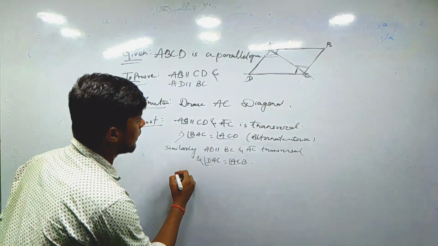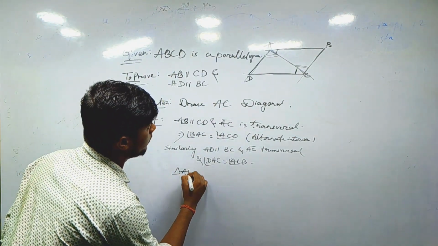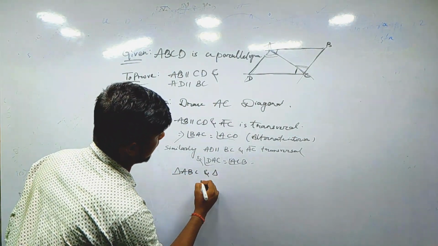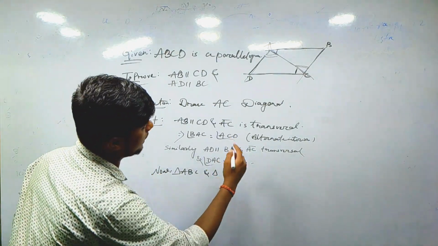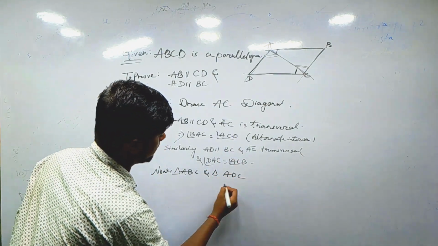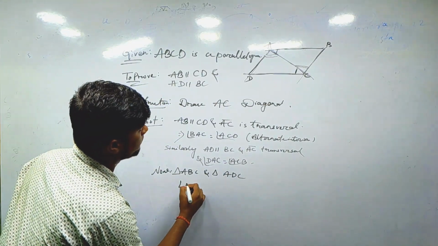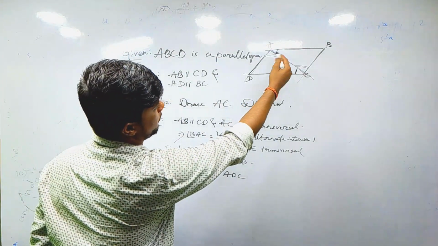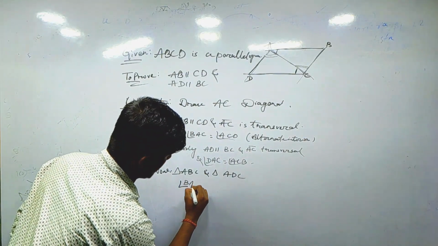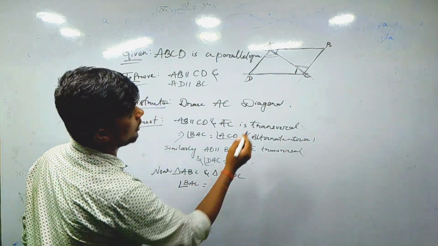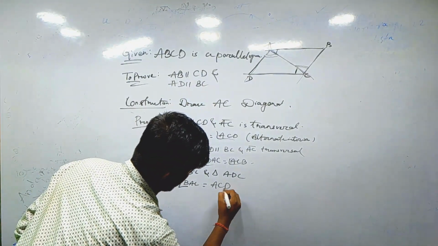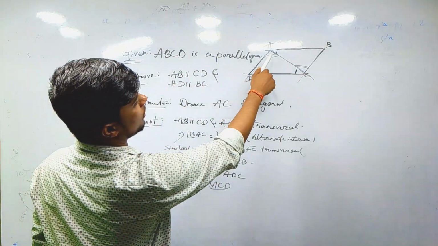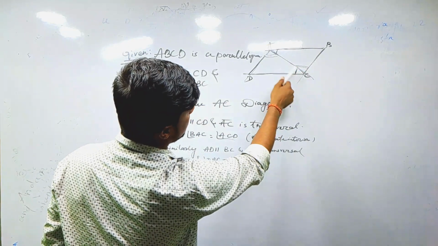Okay, right now we can write, in triangle ABC and in triangle ADC, angle ABC equals angle BAC, equals ACB, and ABC equals BCA.